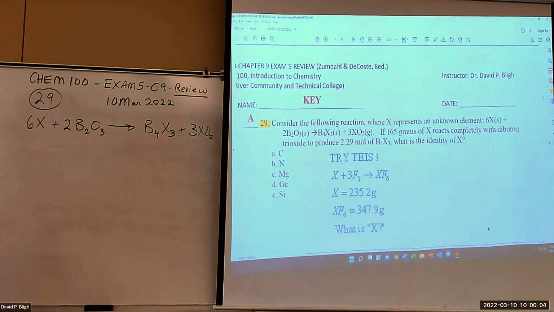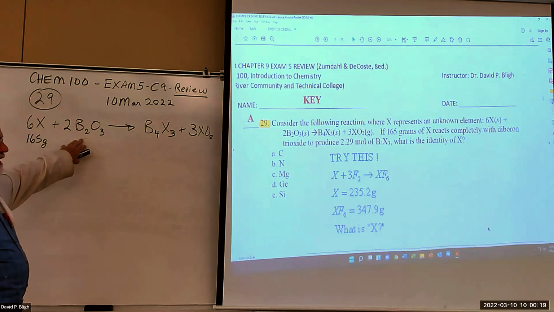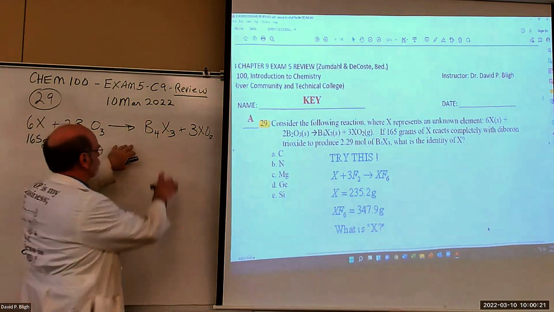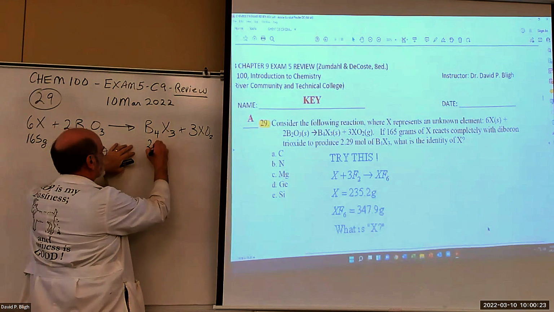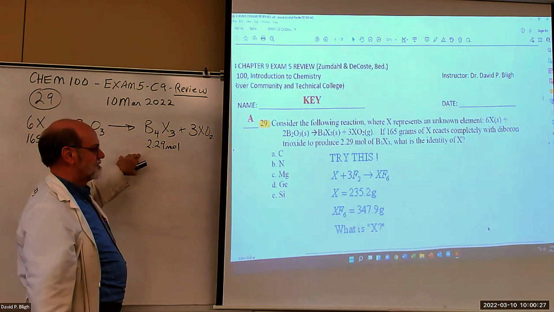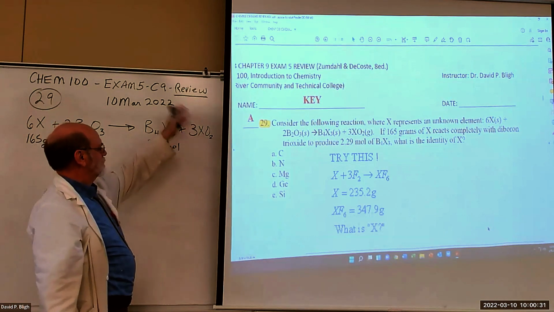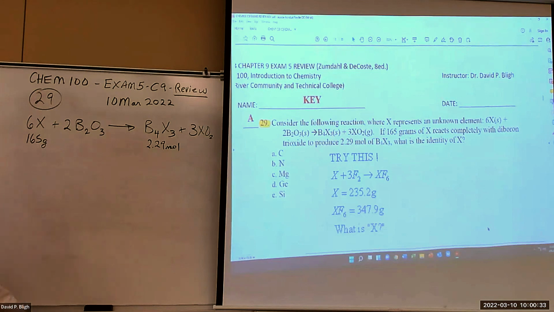And we're given 65 grams of X that reacts completely with diboron trioxide. So this is in excess to produce 2.29 moles of B4X3. And it just kind of leaves that one hanging on the end.